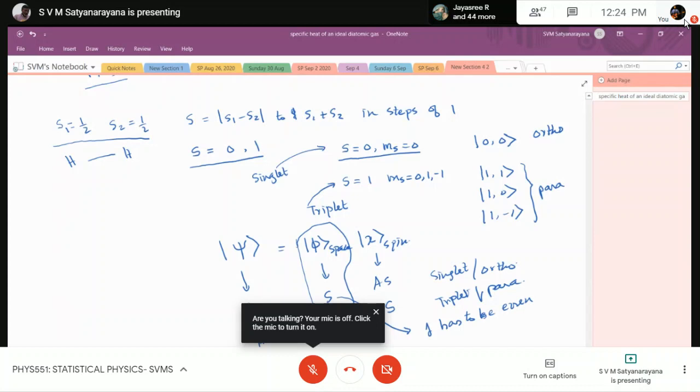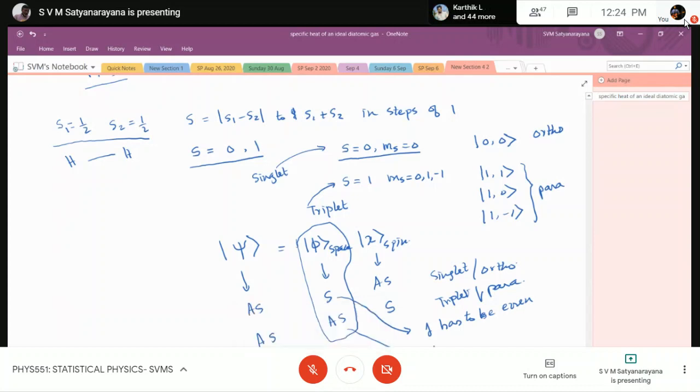And for this case, J has to be even. So this is what we learn from the theory of identical particles in quantum mechanics. And because of that, my summation has to be done accordingly to get the partition function for parahydrogen or orthohydrogen.